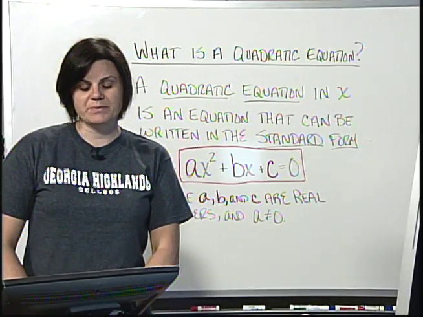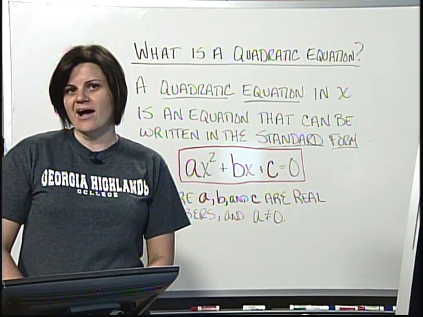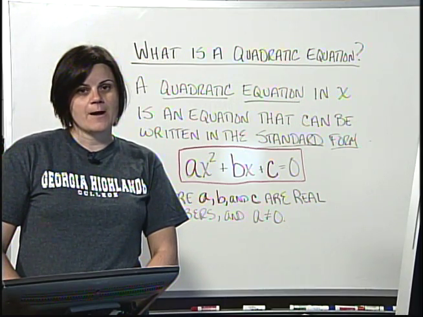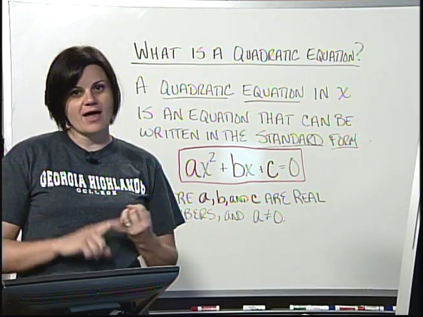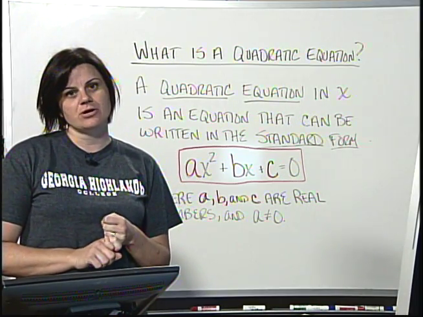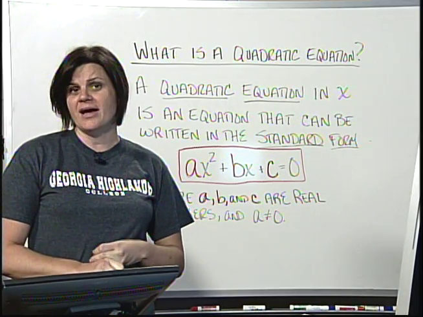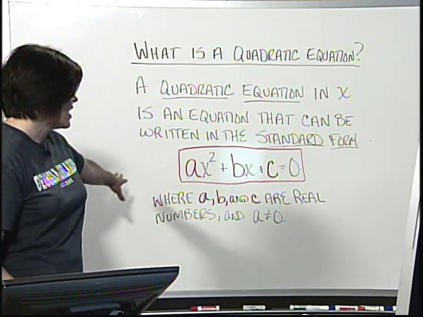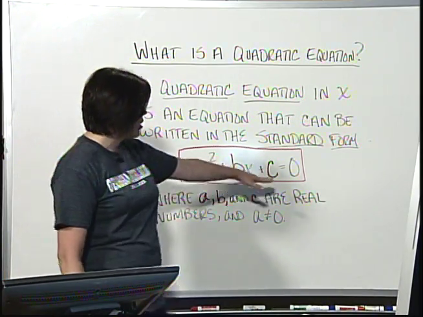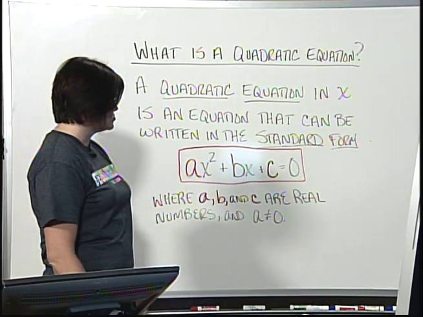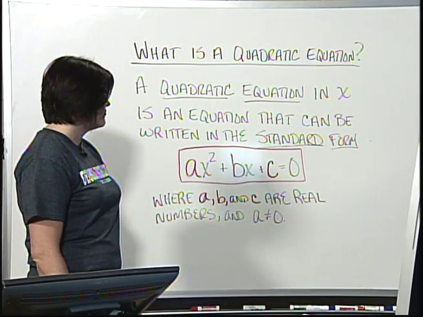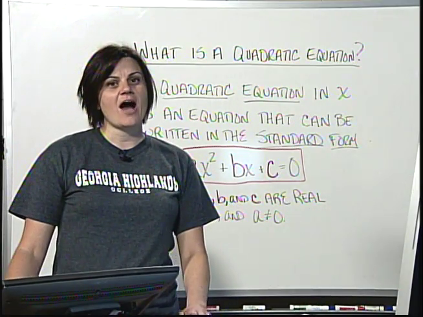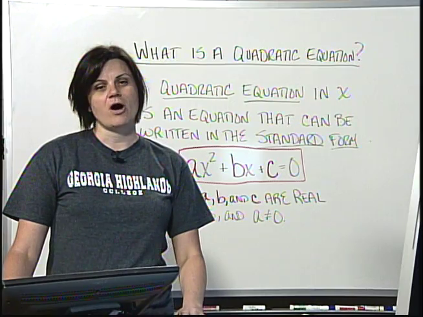I hope that this has been helpful for you in learning how to identify a quadratic equation, and just remember that a always goes with the x squared term, b always goes with the x term, and c is always the constant term tacked on to the end, and we always want our quadratic equations equaling 0 before we begin to solve. In the next videos, you'll find out how to actually solve quadratic equations.